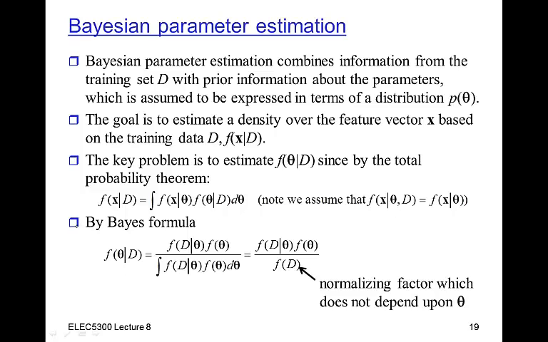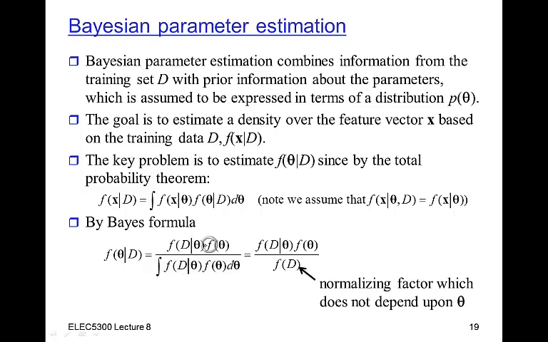Now, by Bayes' formula, we get an idea of how to estimate the probability distribution of theta given d. We switch the order of conditioning, putting d on the other side, so we get f of d given theta times f of theta, divided by the integral of f of d given theta, f of theta, d theta.